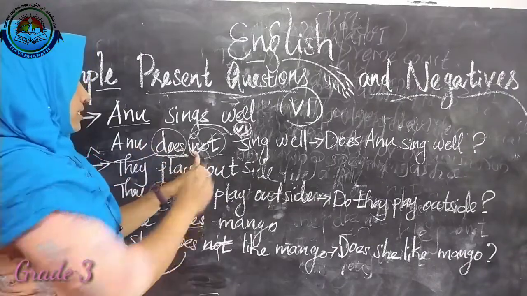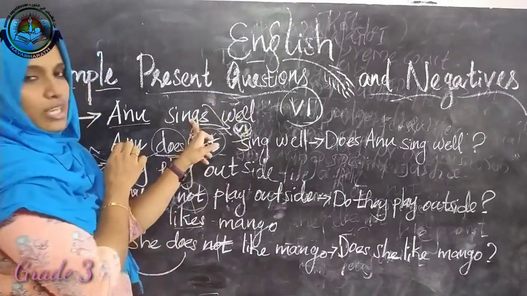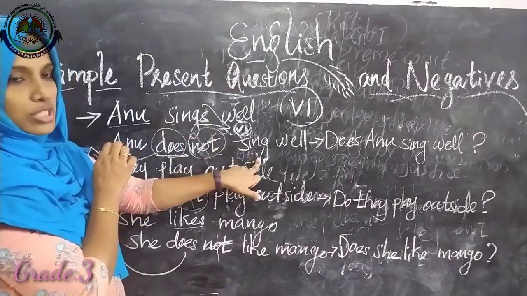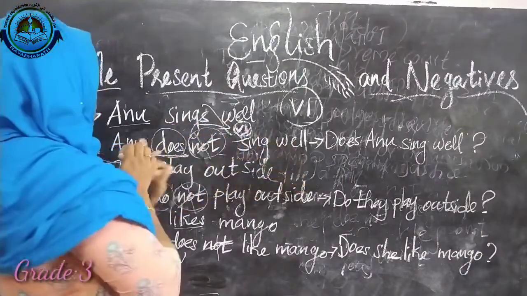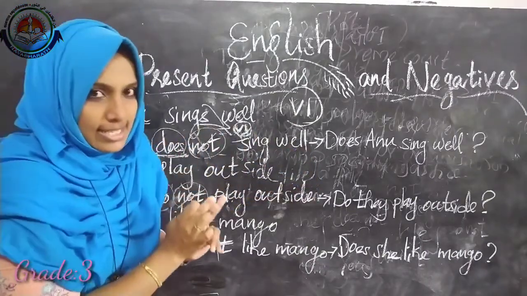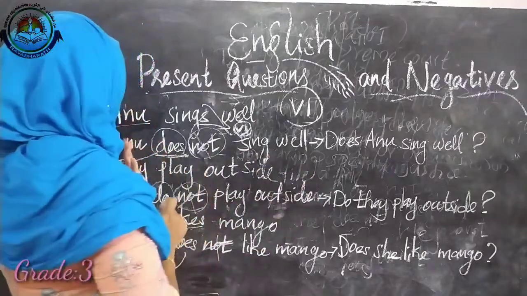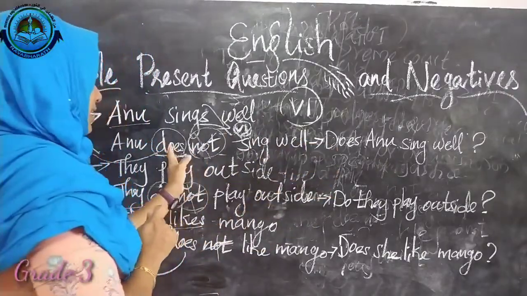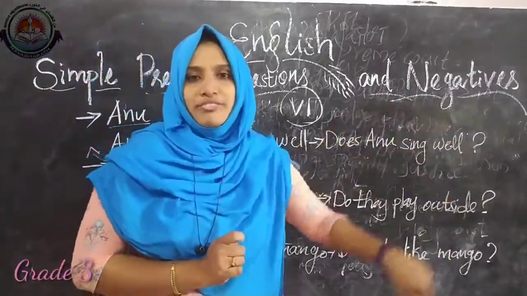So Anu does not. Then sing. What change happened here? Yes, sings changes into sing. Then well. So Anu does not sing well, or in short we can say does not as doesn't. Anu doesn't sing well.